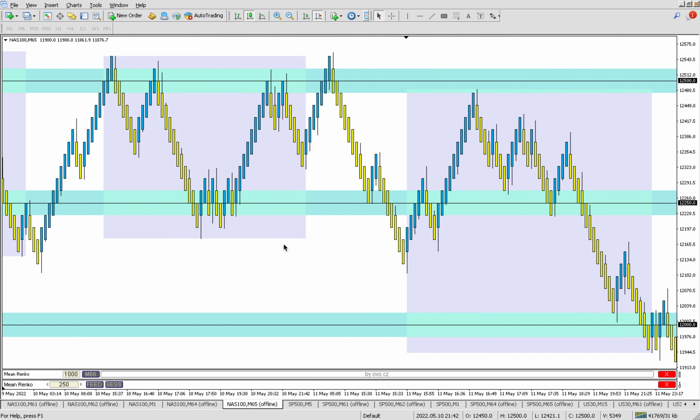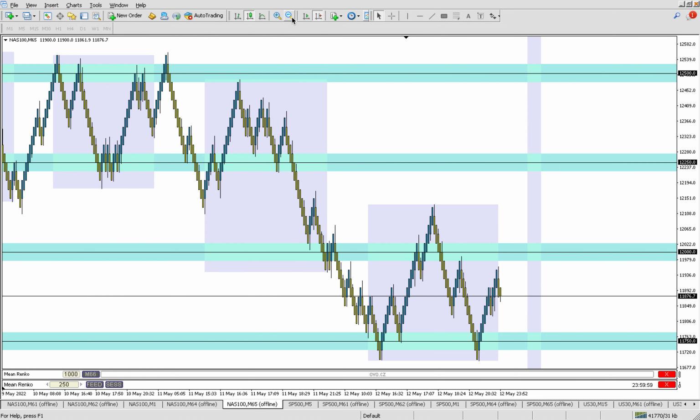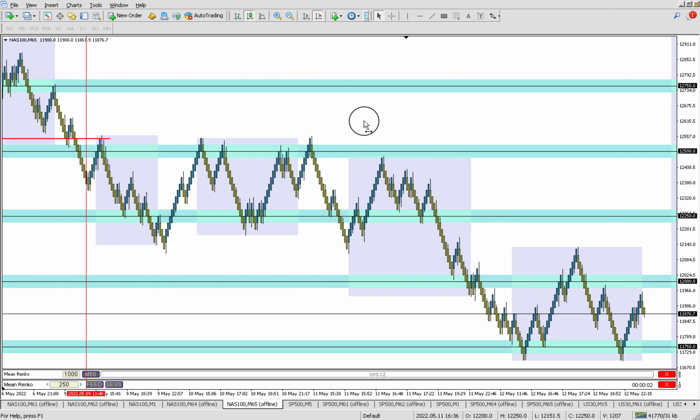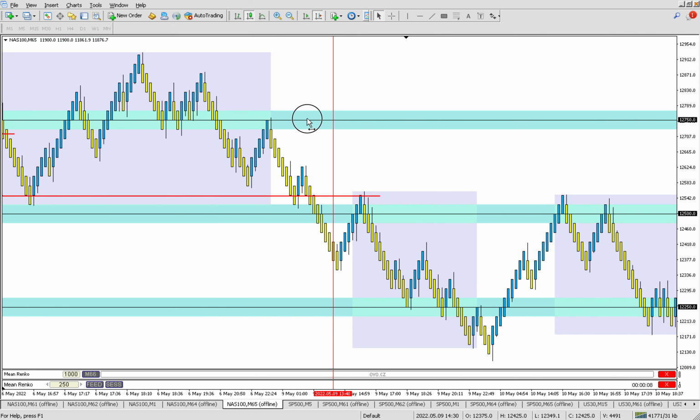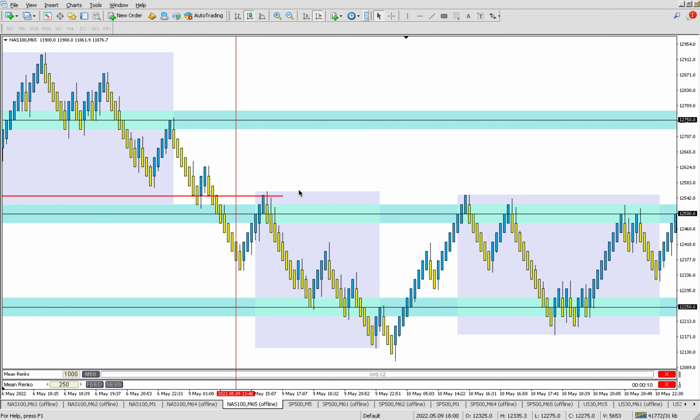I'm just gonna load that same template, minimize that. Let's go to the knife. Here it is. And so everything that I seen on the higher scale is showing right here on the lower scale, right? This is the same break of structure. This is the same retracement back up to that 12,500 price level.